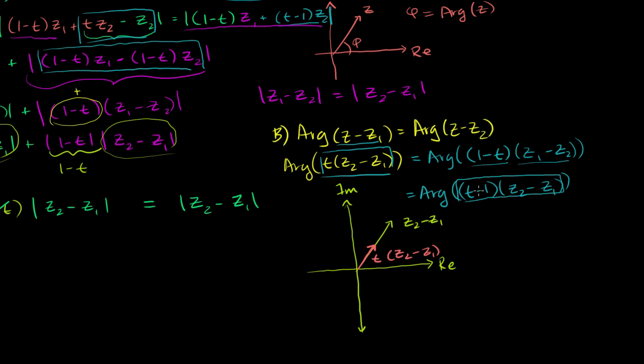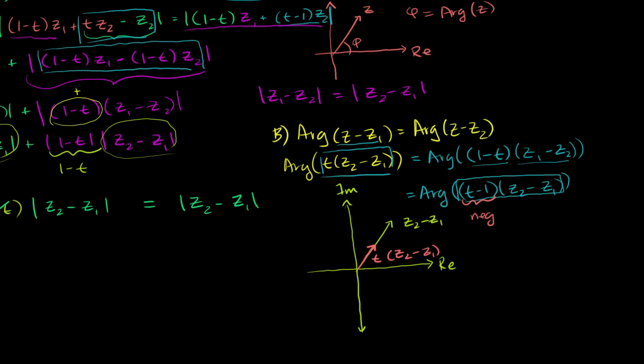Now what would t minus 1 times z2 minus z1 look like? Well, t minus 1, remember, t is between 0 and 1. So t is less than 1. So t minus 1 is going to be a negative number. So we're going to be scaling z2 minus z1 by a negative number.